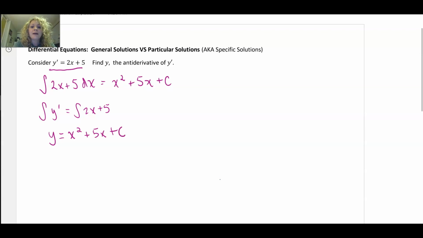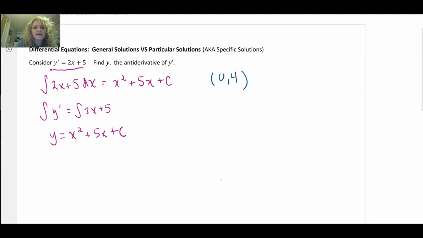But something we have done already this year is find an antiderivative that satisfies a particular condition. Sometimes we'll call that an initial condition. Let's say we have the initial condition that the ordered pair (0, 4) must be on the solution to the differential equation of y prime.